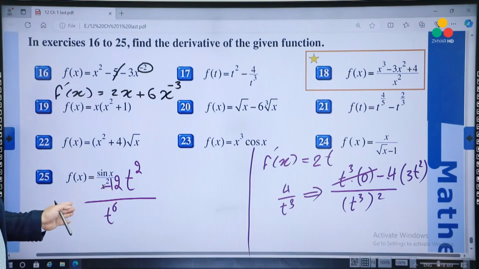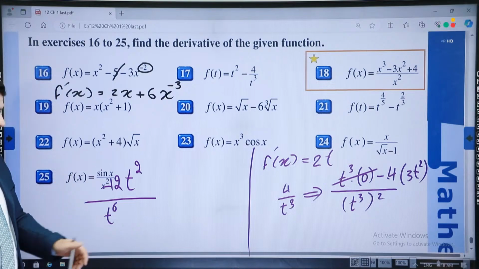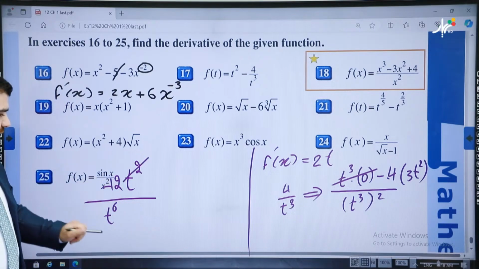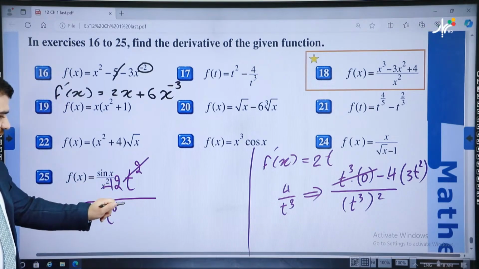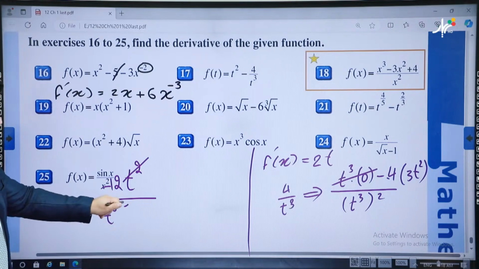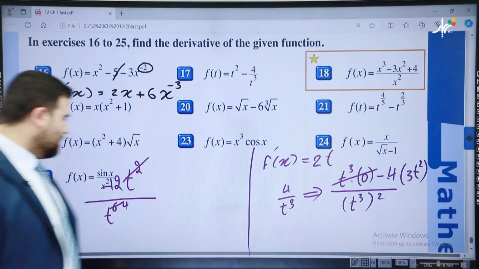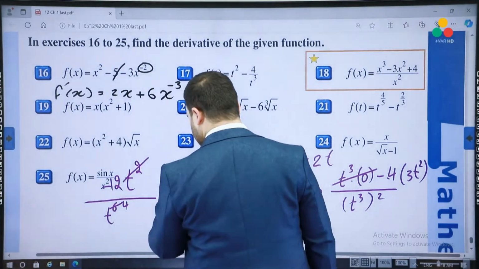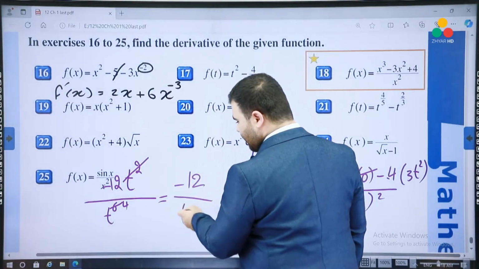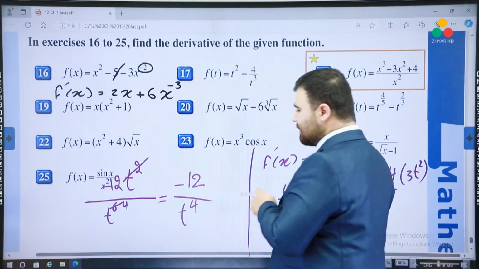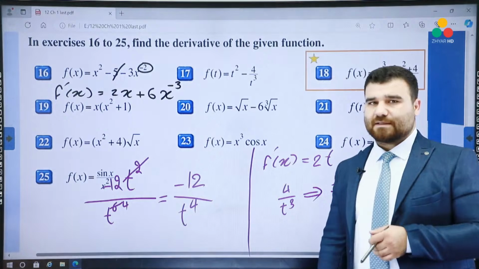There is no any other term. I can simplify this. T power 2 will be cancelled with 2 from this power. So what's remaining is t power 4. Final answer is negative 12 over t power 4. This is the final answer in the simplest form.